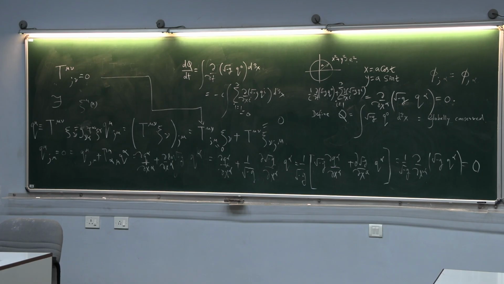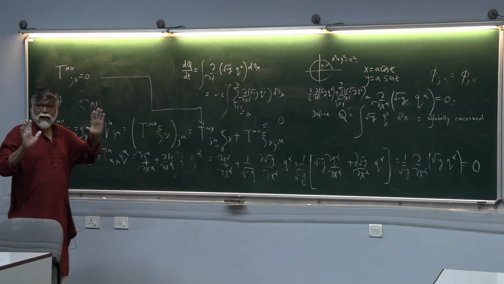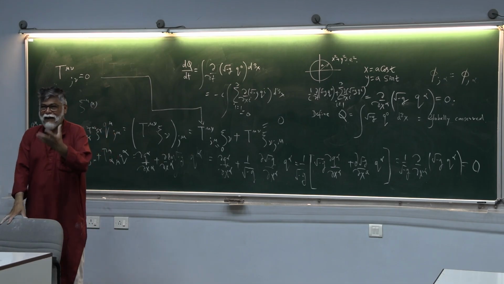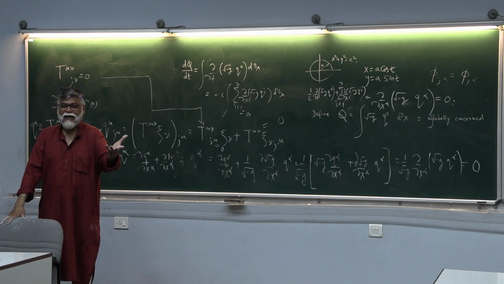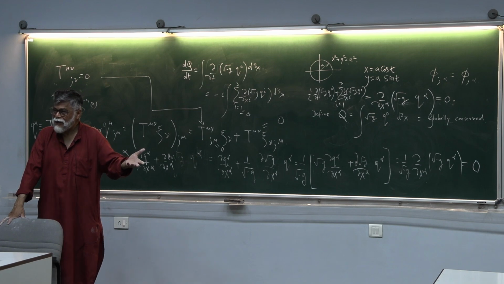Photons that start from a distant galaxy, a blazar might be radiating gamma ray photons there, by the time you receive them, the photon energy has gone to lower values. That's the redshifting. I will derive all that. So energy is not conserved for particles and fields in an expanding universe.